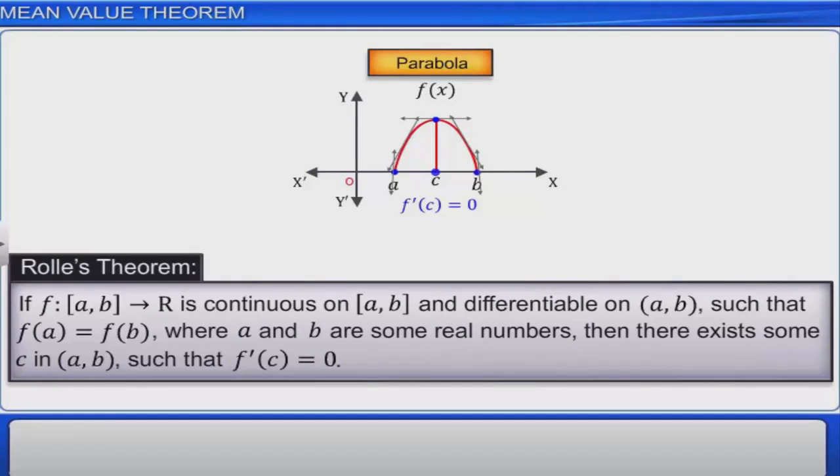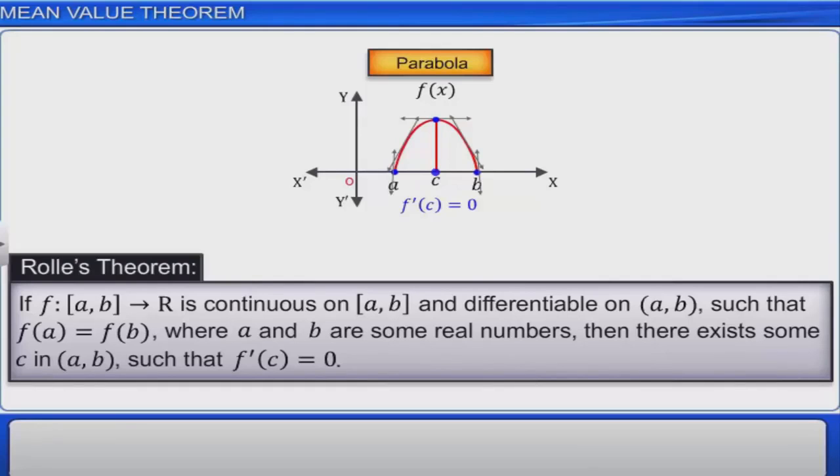It states that if a function f from a closed interval a, b belonging to the set of real numbers is continuous on the closed interval a, b and differentiable on the open interval a, b, such that f of a is equal to f of b, where a and b are some real numbers, then there exists some real number c in the open interval a, b, such that f dash of c is equal to 0.